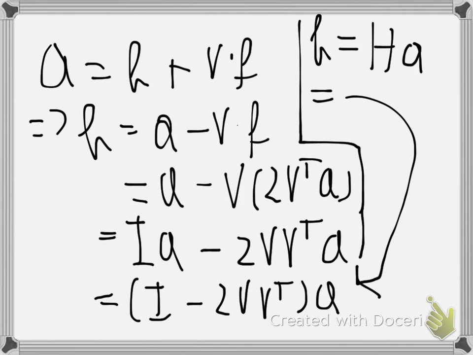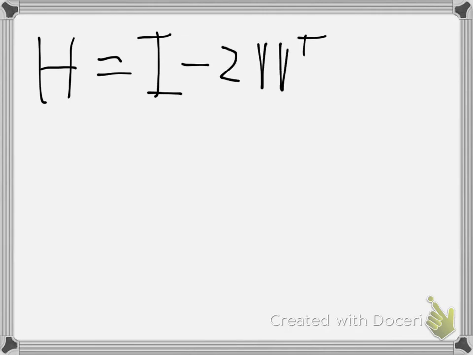So we know that B equals H times A, which is equal to the identity matrix minus 2 times V V transpose, times A. So if we divide by A on both sides, we get that our matrix H, which could be called Q as we did in our first video, is equal to the identity matrix minus 2 times V V transpose. So this is another way to find the formula for the Householder transformation. So again, it's just basic geometry.